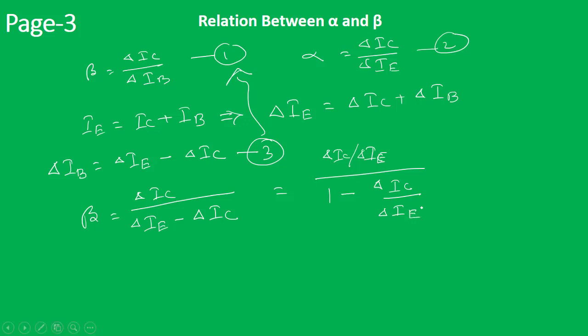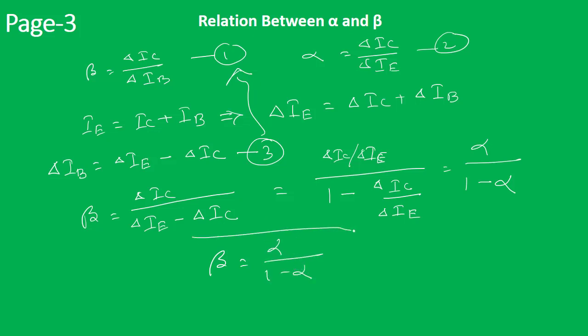Now what is this delta IC by delta IE? This is nothing but our alpha. From equation 2 we can find this is alpha. So we can write beta is equal to alpha divided by 1 minus alpha.